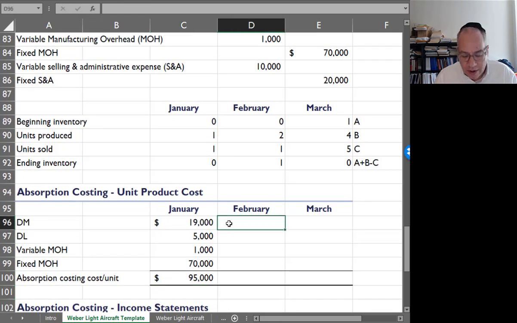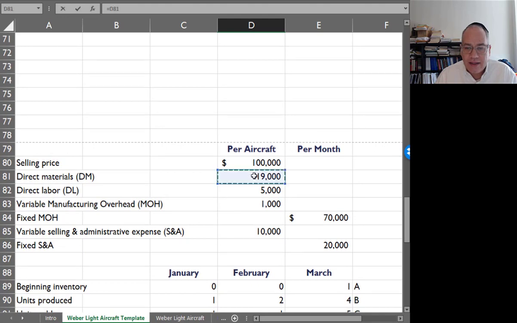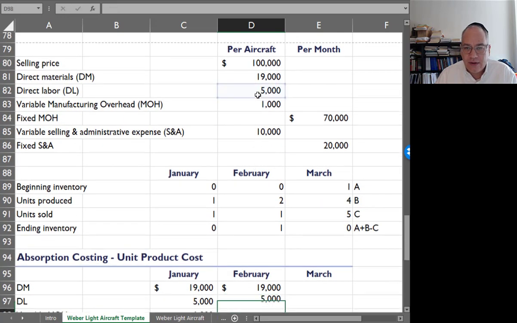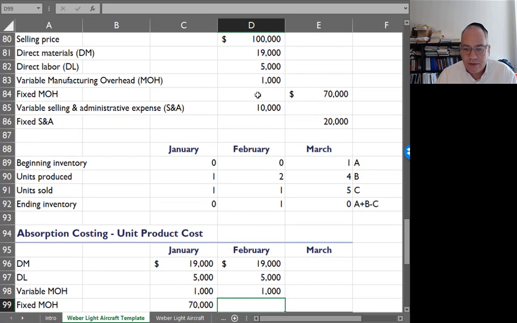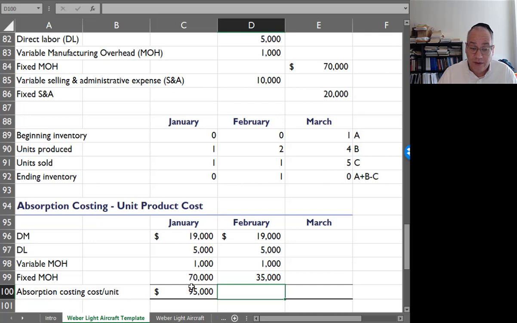Now for February, again, I've got 19 for materials, 5 for labor, and 1 for variable overhead. My fixed manufacturing overhead was 70,000, but that was needed to produce 2 units. So per unit, it's really $35,000 per unit. And therefore, the cost per unit would be $60,000.